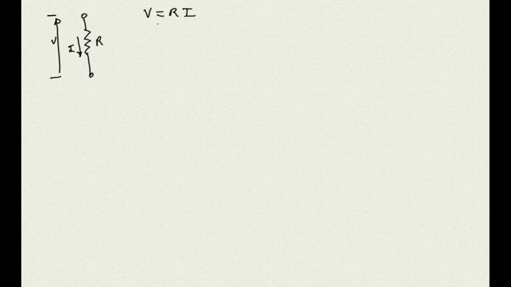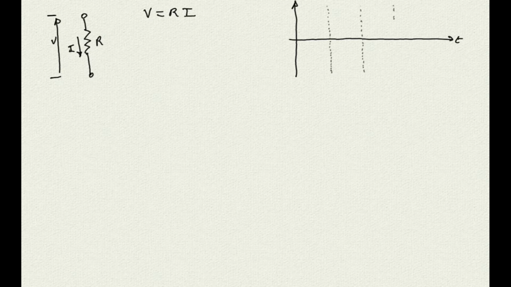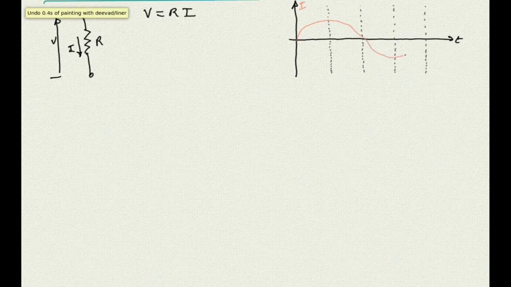The law is expressed with the equation V equals R times I. If we draw a diagram of the voltage with respect to the time, like for example a sine wave, because of that proportionality, the current will have an identical shape and position in time, although with a different amplitude. And whatever is the frequency of the sine wave, the resulting current will always follow exactly the shape of the voltage, and vice versa, of course.